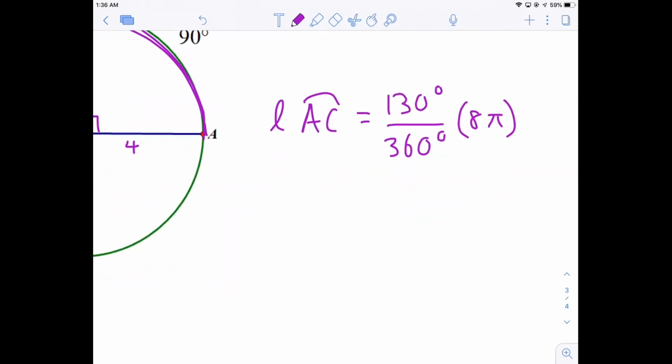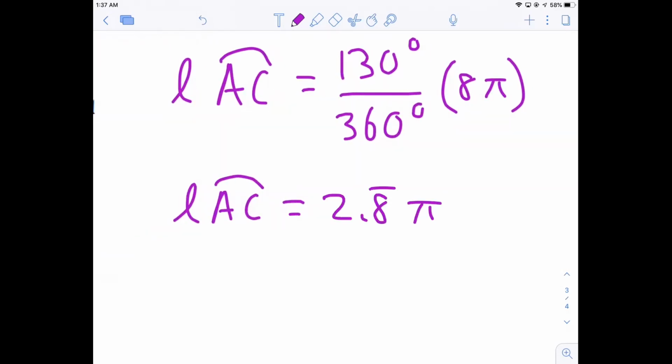And just type that into your calculator, but they may ask you to round to the nearest whatever. But I'm going to get the exact answer here. All right, give me a sec to see what that is. 130 over 360 times 8. It's 2.8 repeating.